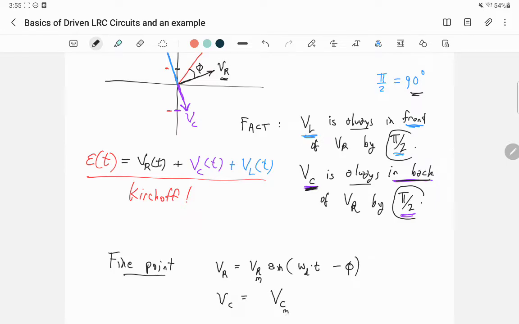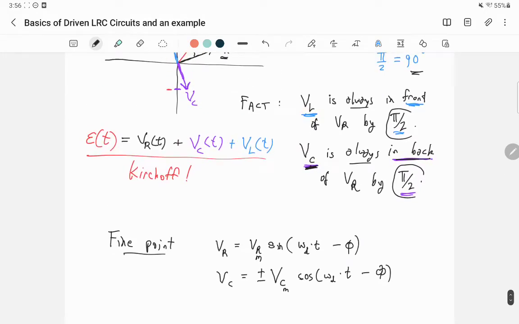So the question is, there's going to be some maximum capacitor voltage, right? That's the amplitude. But it's going to be 90 degrees different, which is either cosine, right? If I just change sine to cosine, I'll get 90 degrees. But do I put plus or minus?